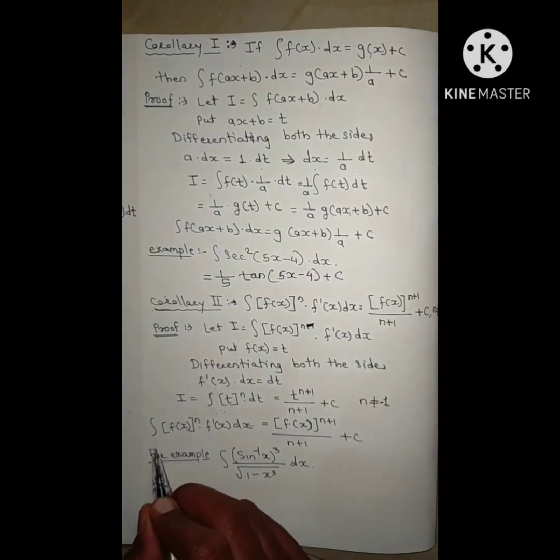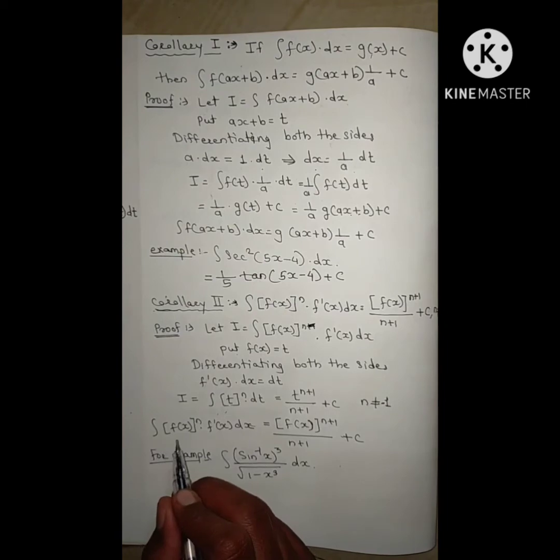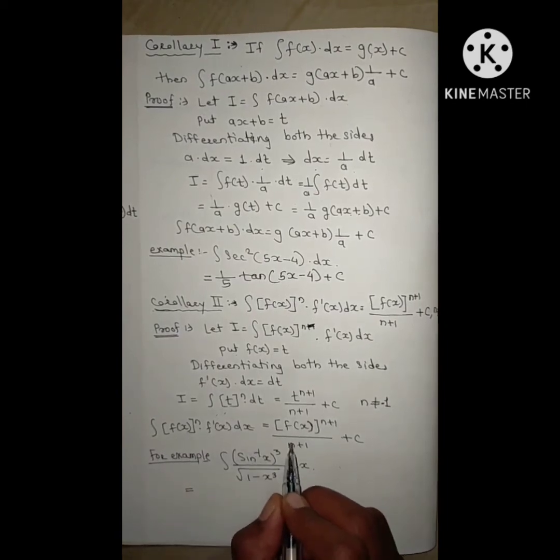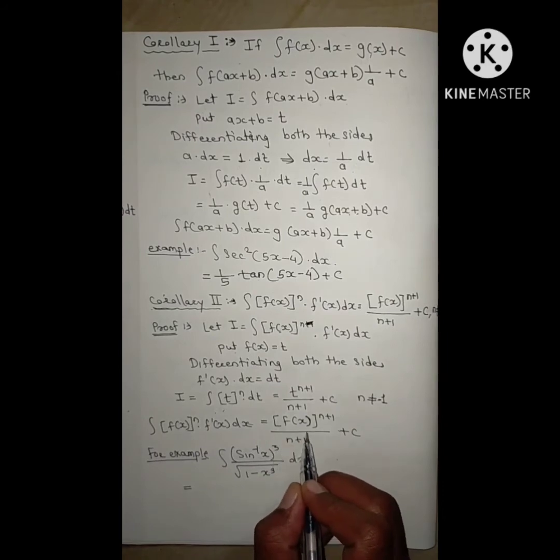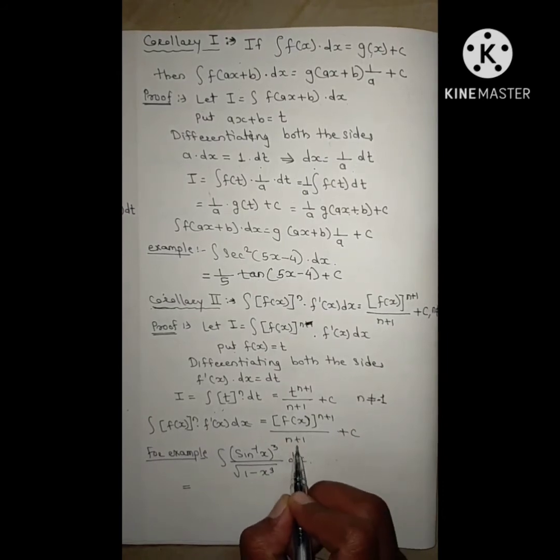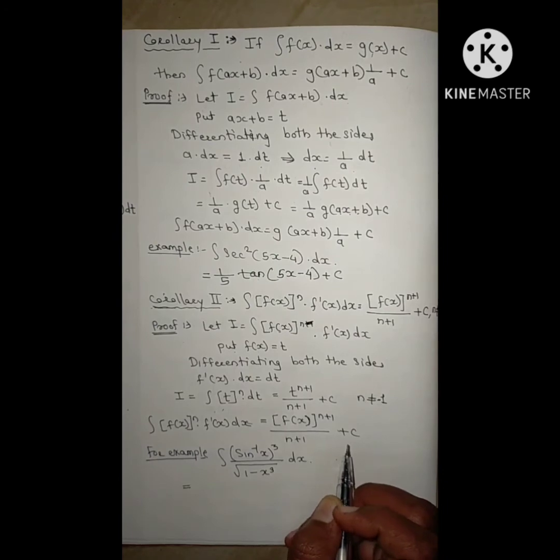Therefore, value of this integration is integration f of x raised to n dot f dash x dx is equal to f of x raised to n plus 1 divided by n plus 1 plus c.